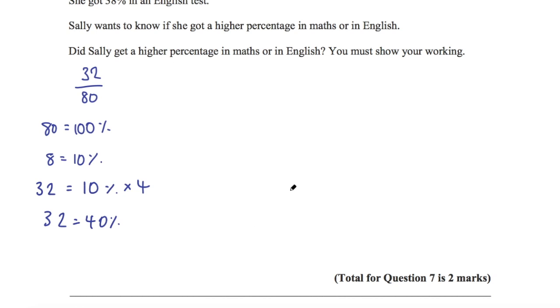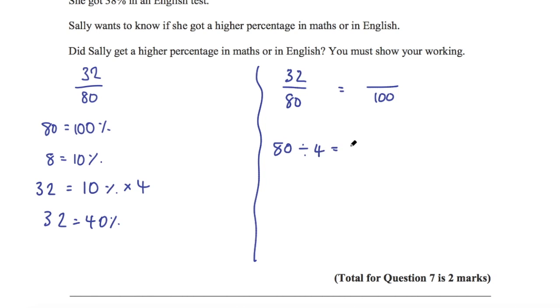For the test. The second way you could do this is to try to convert this fraction into a fraction out of 100. So how can I turn 80 into 100? Well, one way to do it is you could divide it by 4, which equals 20, and then 20 times 5 equals 100, and then we do the same with the 32.